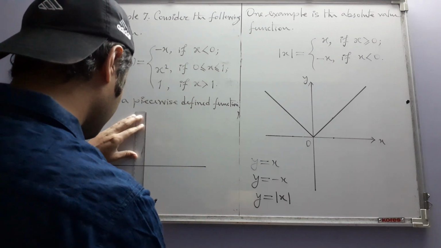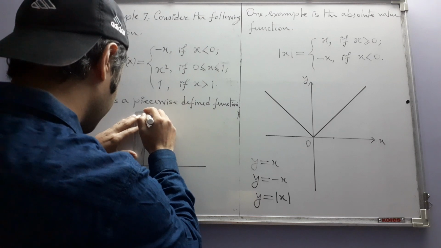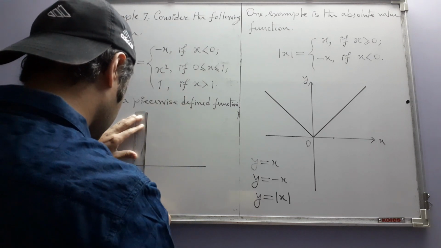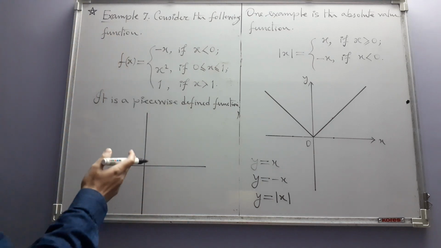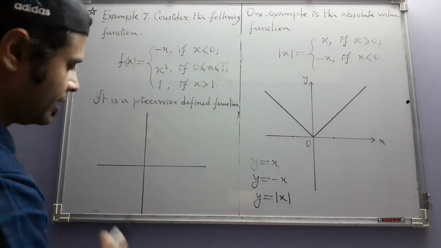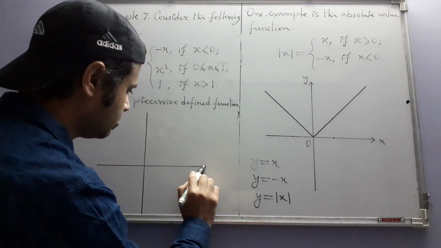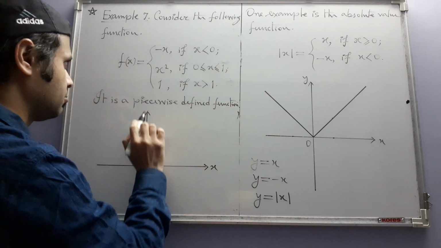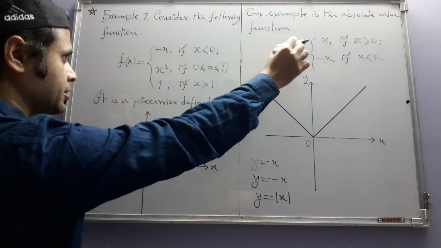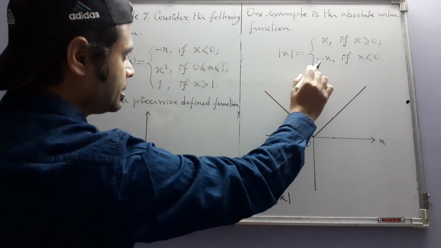Because of the different formulas, the graph will look different in those parts. The part on the negative side of the x-axis, you already know, will be just this, because there the formula is the same.